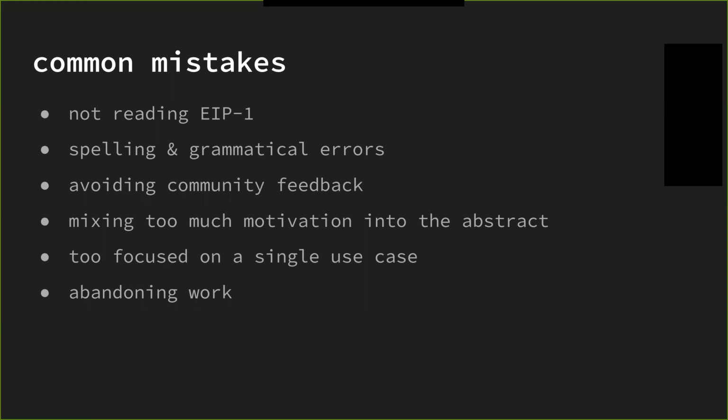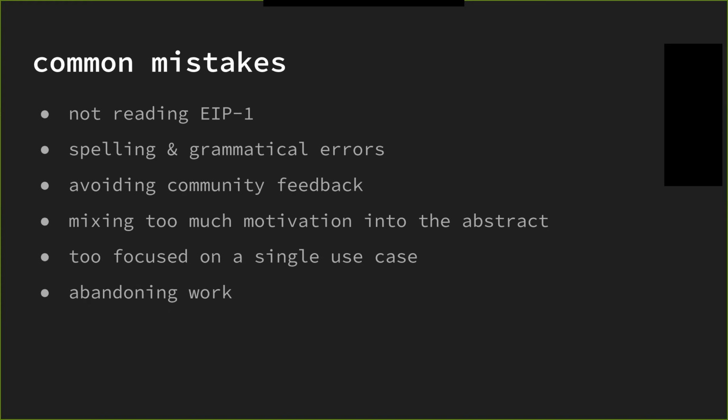Whenever this is a really important process for the very important decentralized network. And so I think the spelling and grammatical errors can easily be alleviated if we just respect the process more, and people take the time to actually go through it and double check their work before submitting it.